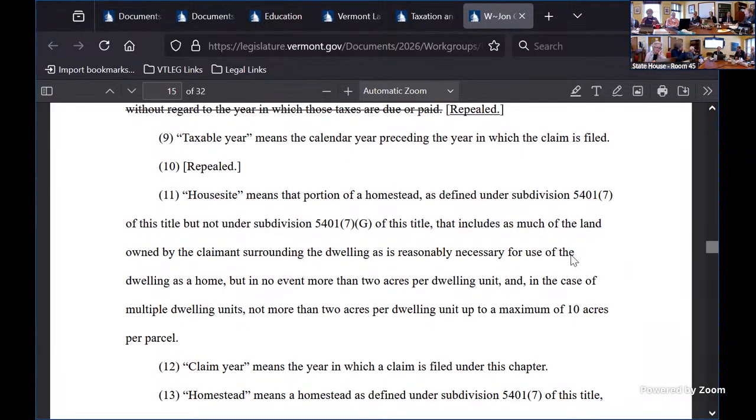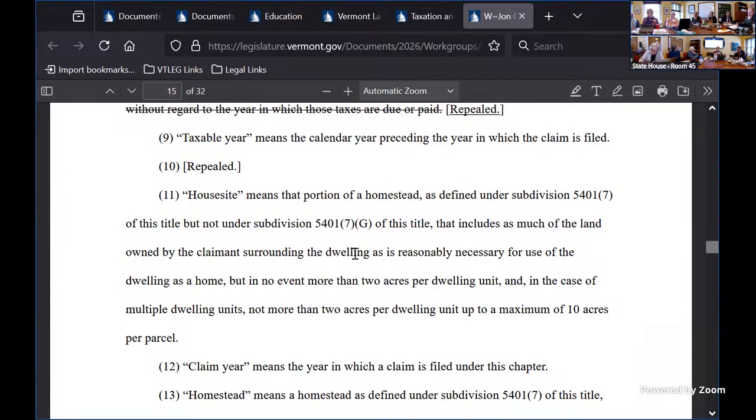I did want to call out, even though this text isn't amended, you guys will be familiar with this term, house site, just to distinguish from homestead. As you know, under existing law, the property tax credit is determined based on the house site, which is your homestead plus the 2 acres surrounding, or up to 2 acres for a non-multi-unit dwelling and up to 10 for a multi-unit dwelling.